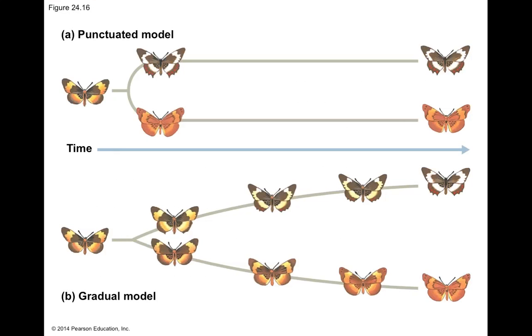So, in some cases we may see a gradual model where divergence happens very slowly over time. In some cases, we see in the fossil record, bam, all of a sudden, as if overnight, there's two very divergent species.